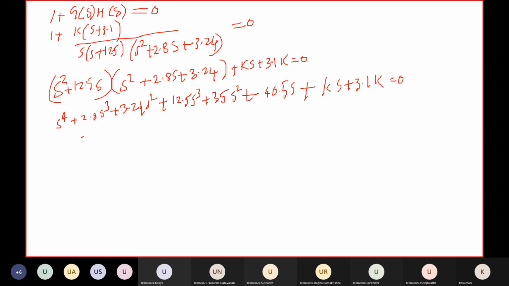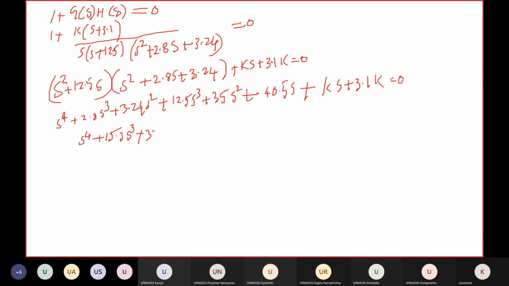So we add: s power 4 plus 2.8 s cube plus 12.5 s cube, so 2.8 plus 12.5, we get 15.3 s cube. Here 3.24 s square plus 35 s square, 3.24 plus 35, 38.24 s square.